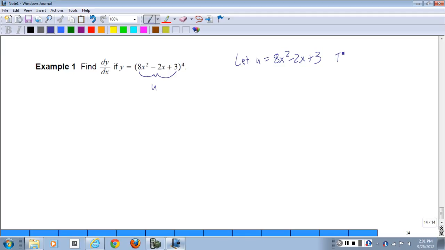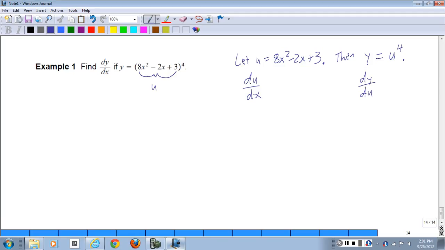Then y equals u to the fourth power. If we pick all that stuff up out of the parentheses and put a u in there, then that's u to the fourth power. So if we have u in terms of x and y in terms of u, we can find du dx, and we can also find dy du.